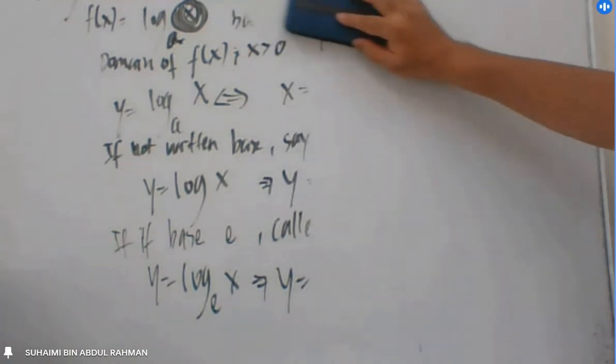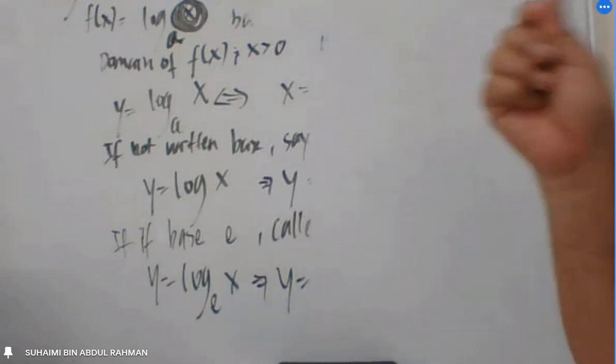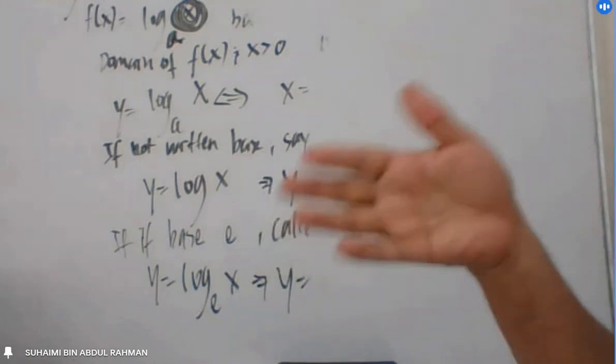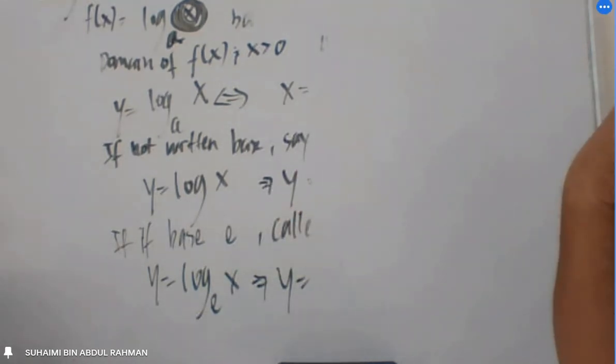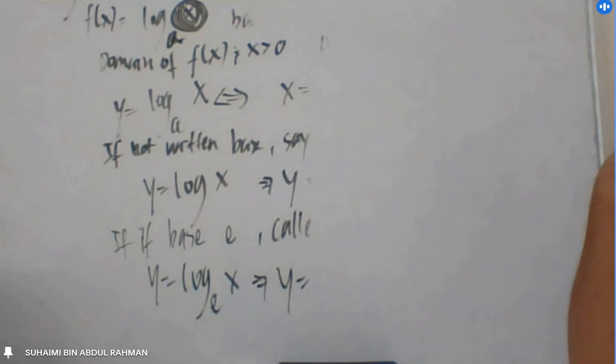Sir, can we write log as lg? Okay, can. But with base, the base is important. Without a base also can, but without a base, we say that the base is 10.